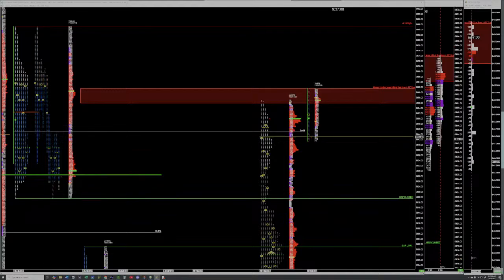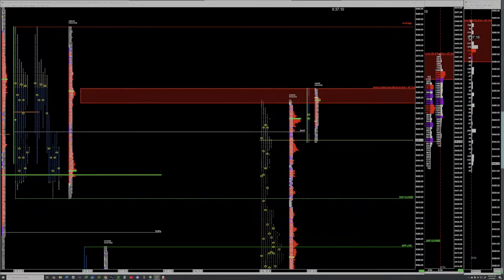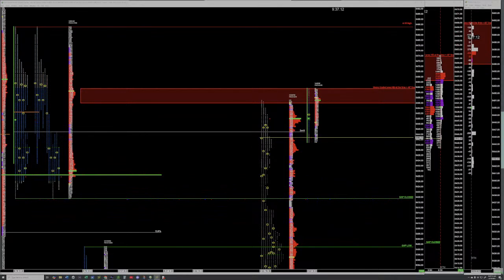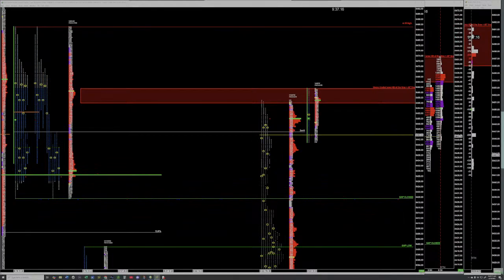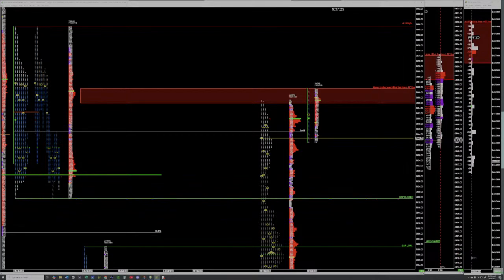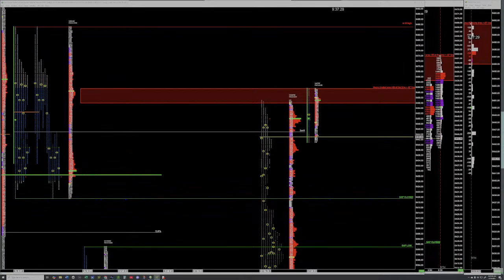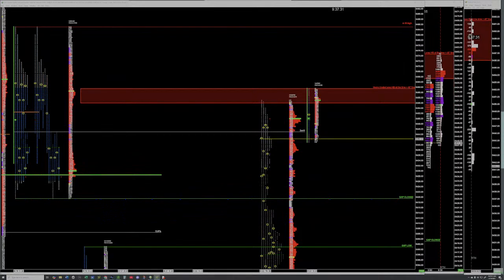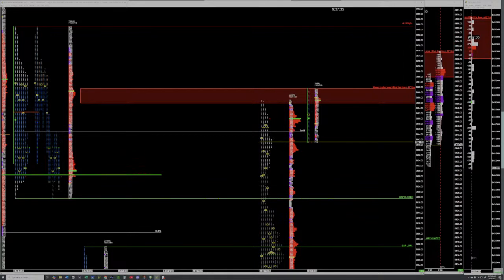I have the 2024 mark right there. This is a counterreaction to overnight inventory.